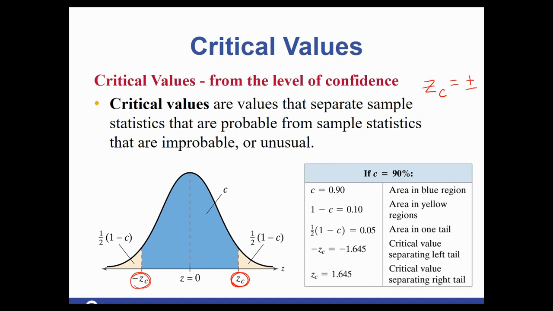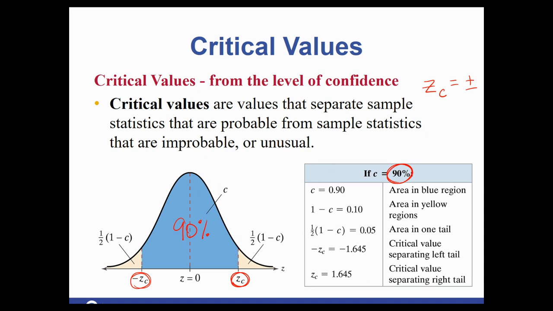Now, the chart on the right shows you the steps that you're going to go through in order to find that. When the problem gives you a confidence and says something like, we are 90% confident, they're talking about this middle area under the curve. In this case, the shaded blue area is 90%.